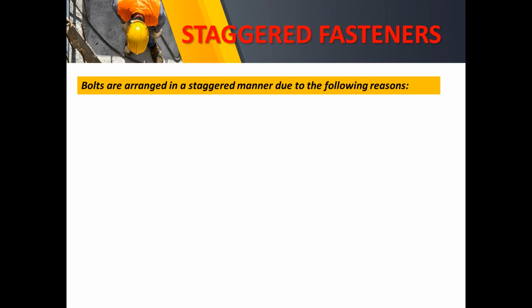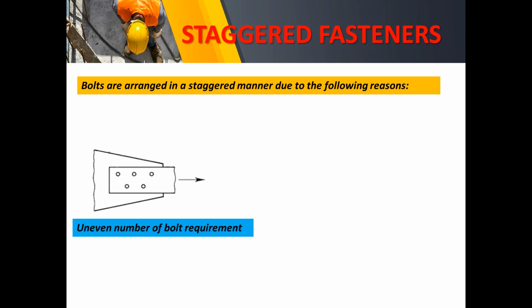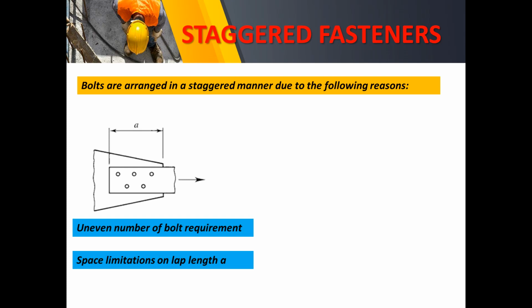Bolts are arranged in a staggered manner because, first, if there is an even number of bolt requirement, there's no symmetry in the bolt configuration, because the quantity will be an odd number. Secondly, there will be space limitations on the lap length, or what we call L, the connection length.